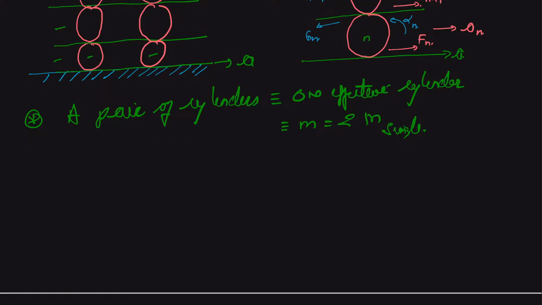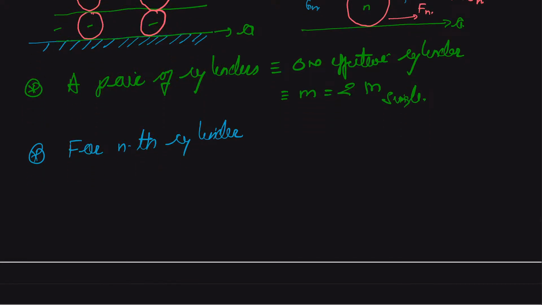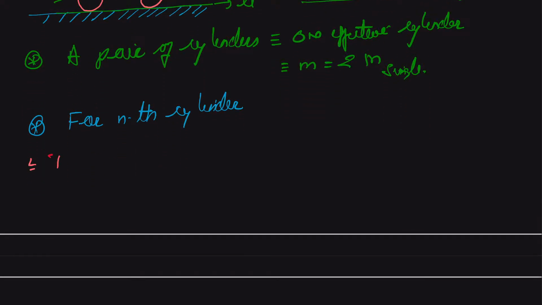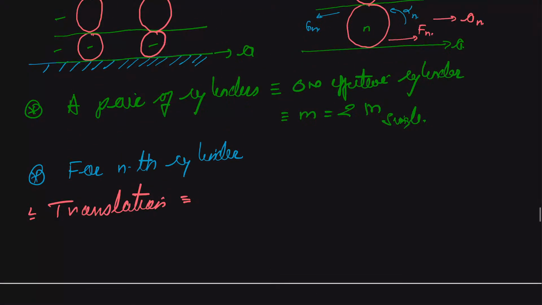So we can say that for the nth cylinder, we can write its translational equation, and that translational equation will be equal to our net force, that is F of n minus G of n is equal to m times A of n.